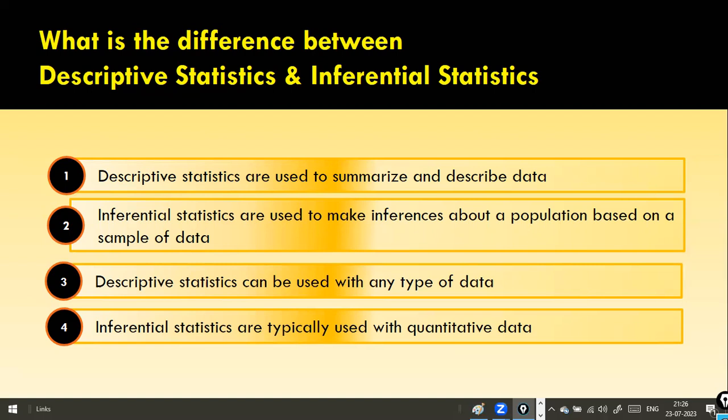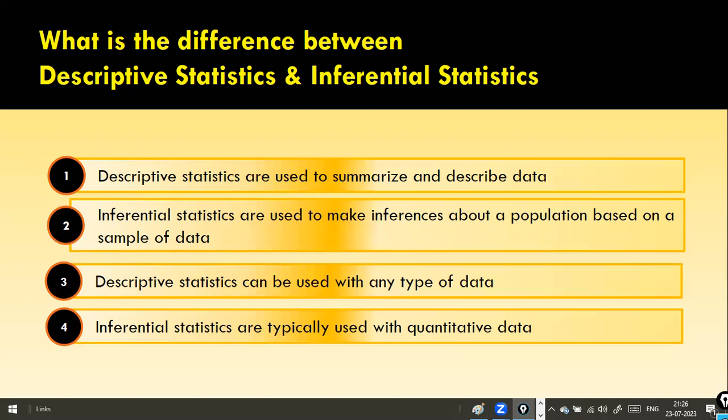You can tell the average sale is, let's say, 70K. But can you conclude this? Let's say you have 5 different sales teams, and each sales team has 50 salespeople. 5 into 50, 250 salespeople.